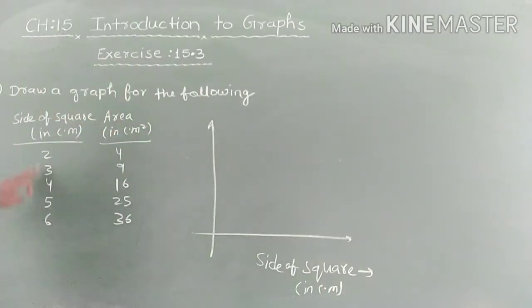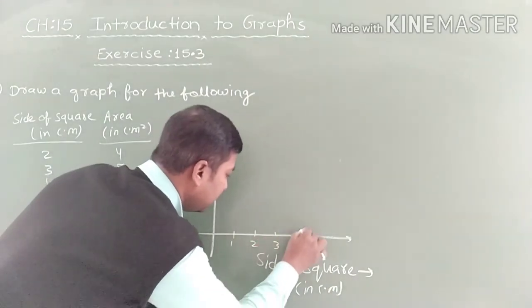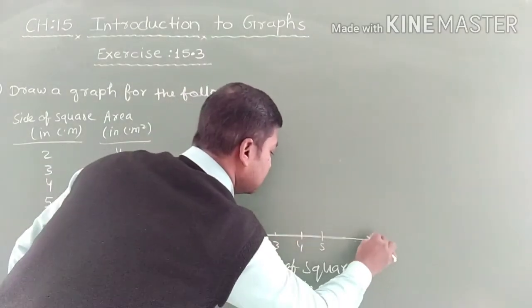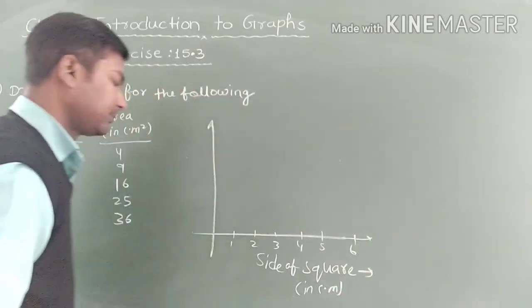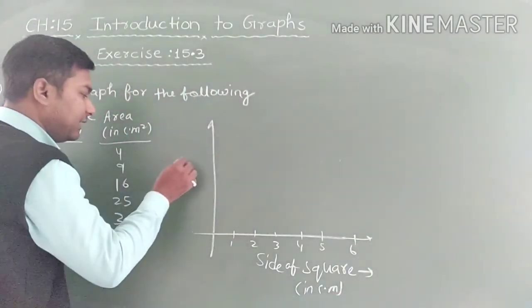This is 2 to 6, so we can write 1, 2, 3, 4, 5, and this is 6. Area in centimeter square, so I am taking at y-axis.